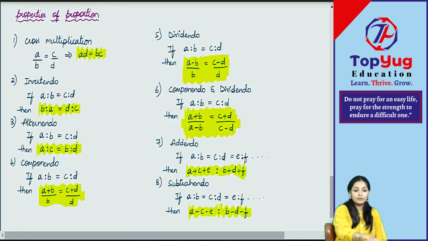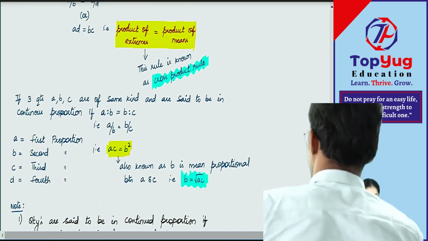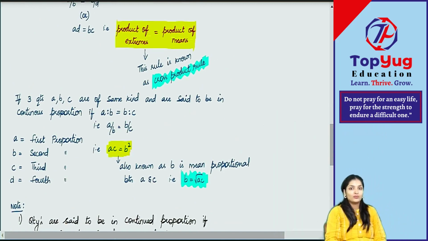Yes, Srihari. Don't stand up. Tell me about alternando. Alternando. You're telling me the cross product rule.